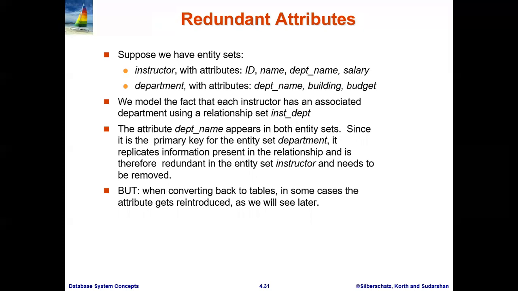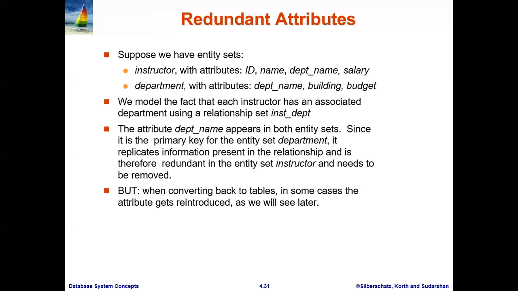Now, since department_name acts as primary key for entity set department, it will replicate information present in the relationship and is therefore redundant in the entity set instructor, which needs to be removed.